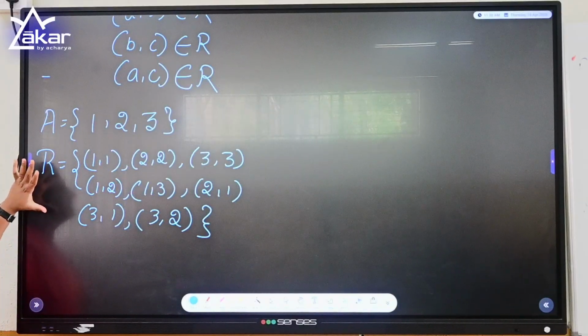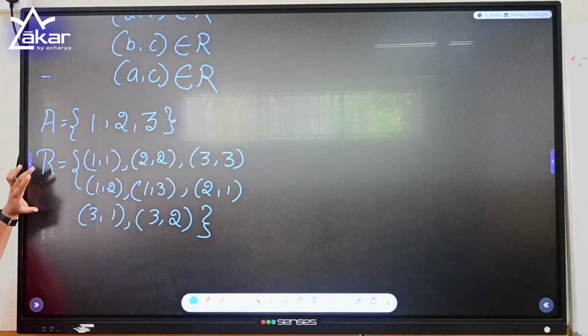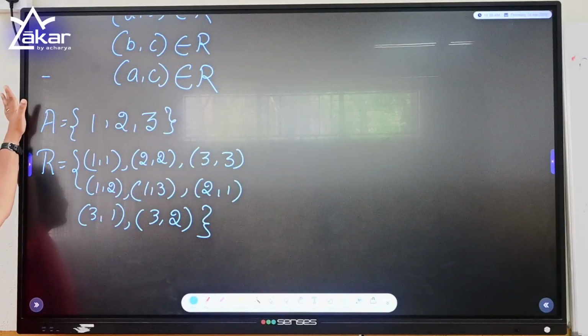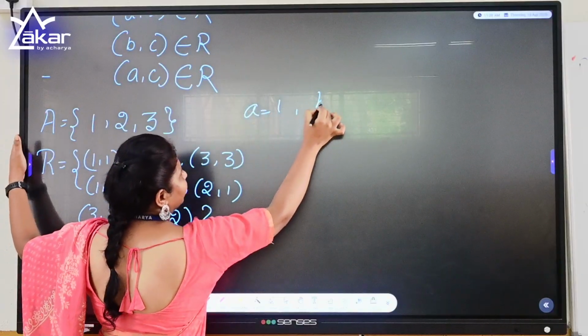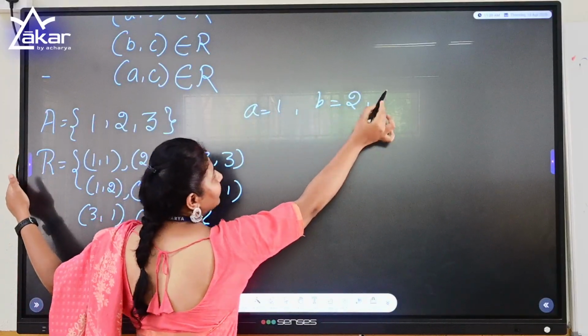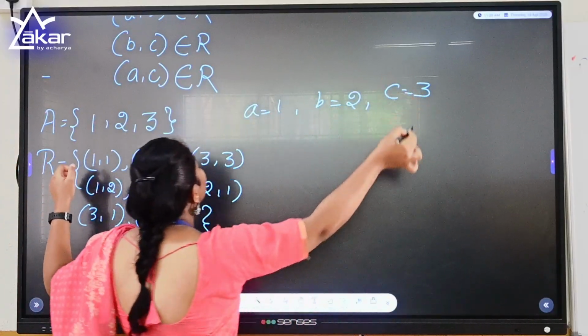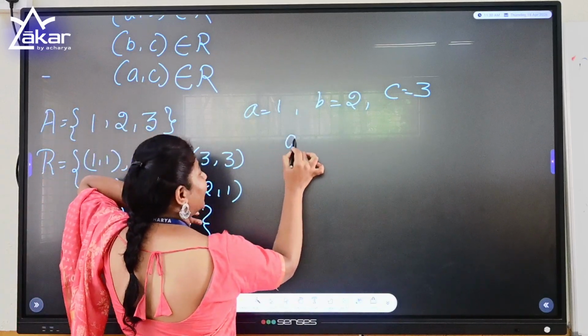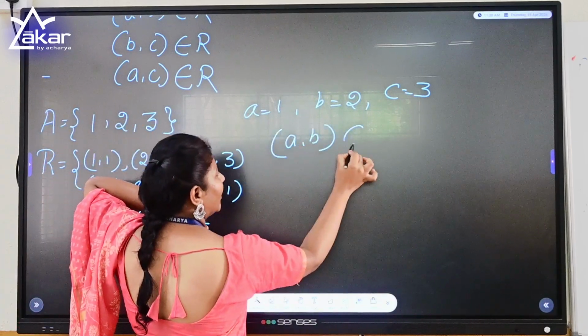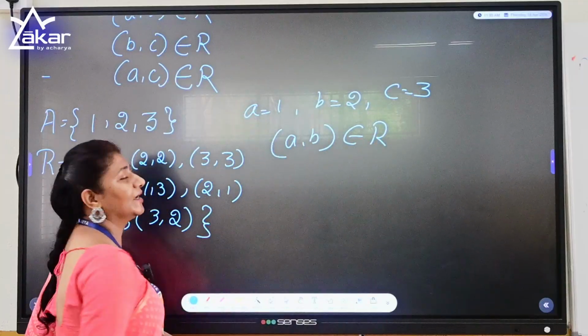In these 8 elements you need to check which relation? Transitive relation. Let us take A is equal to 1, B is equal to 2 and C is equal to 3. What is the condition? The first condition is A comma B belongs to R. Let us check.